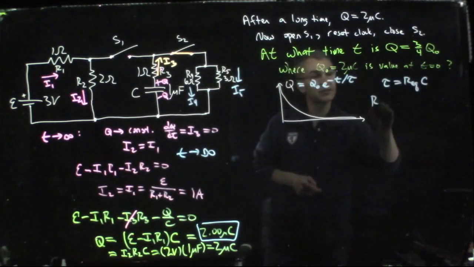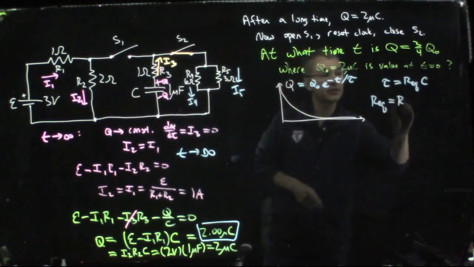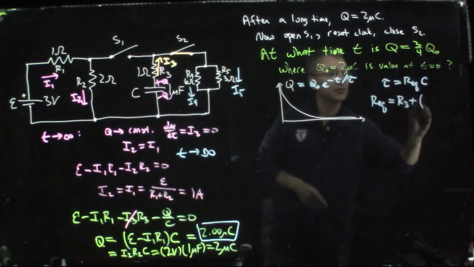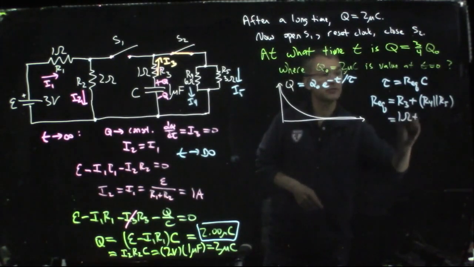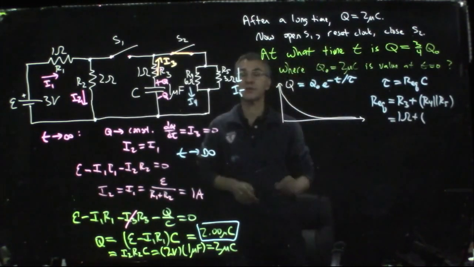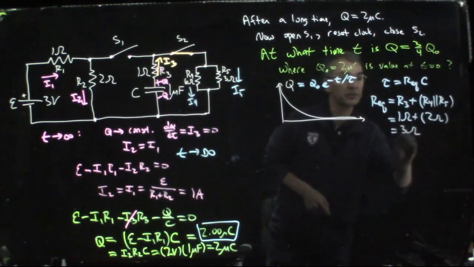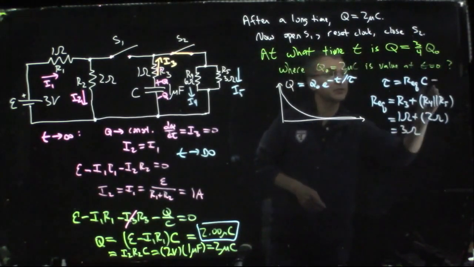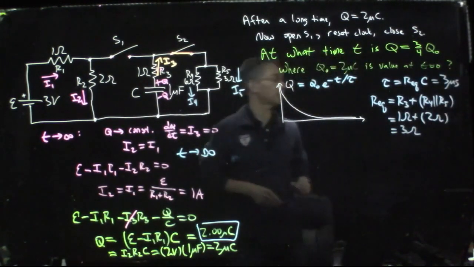In this case, the equivalent resistance through which the capacitor drains is R3 in series with the parallel combination of R4 and R5. So that is 1 ohm in series with 6 ohms parallel 3 ohms, which is 2 ohms. So that is 3 ohms. So then this time constant is 3 ohms times 1 microfarad is 3 microseconds.